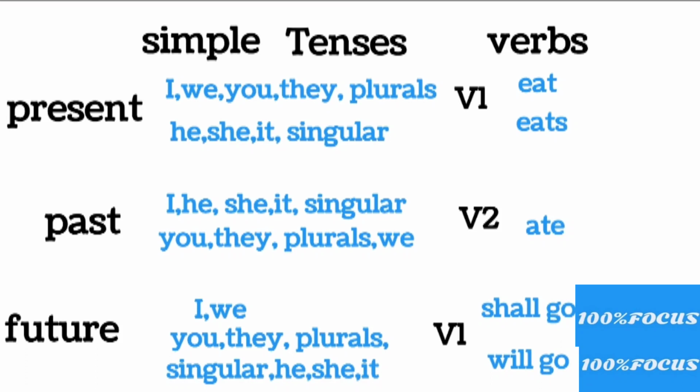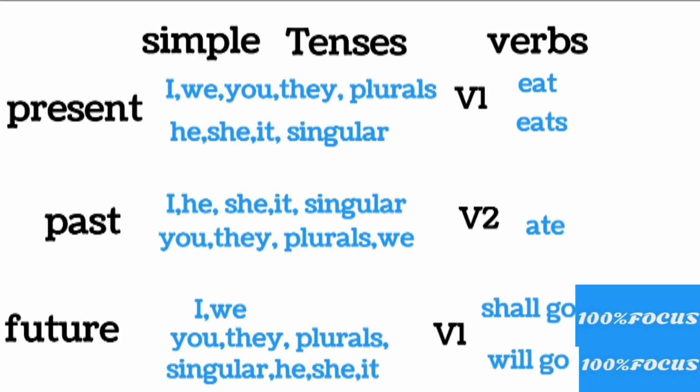Shall go, will go. Shall eat, will eat. Shall play, will play. Like this. Depending upon the subject, we are going to add shall or will to the verb. But remember that the verb is V1.